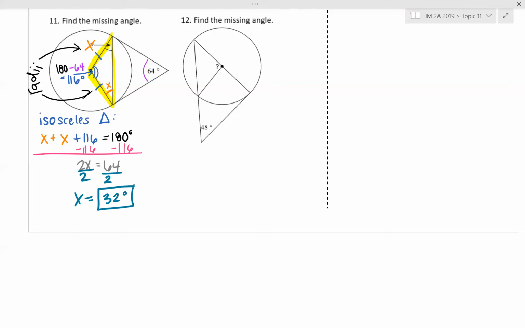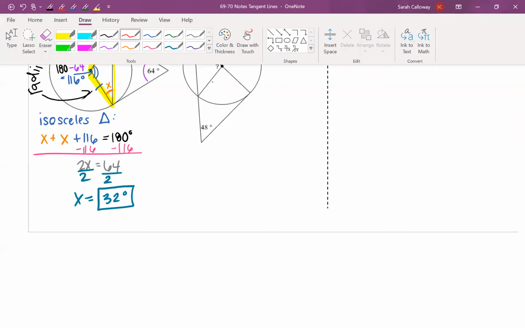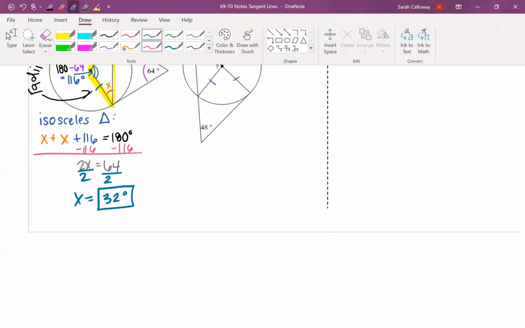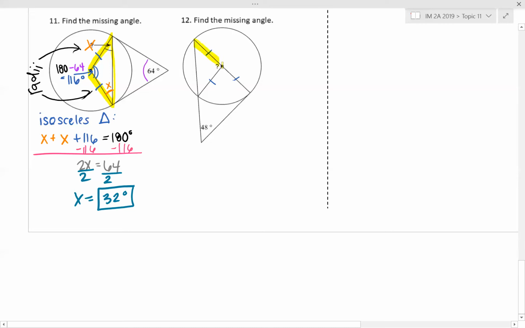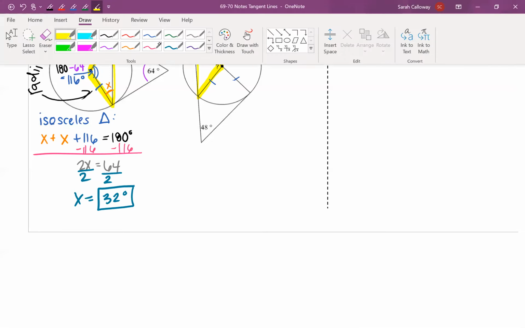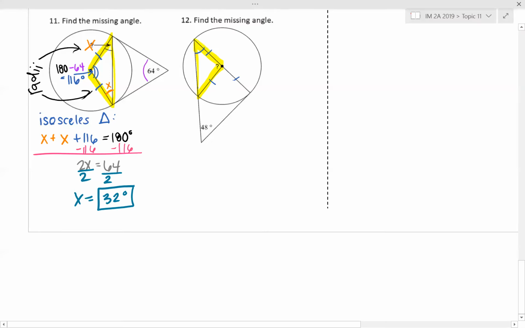So if we kind of think about that radius thing that we have going on, if I look at this next diagram, I know that this is equal to this is equal to this. So I'm probably going to end up right inside this triangle like we did before. And we know that these two angles here must be equal because the radius is a part of them.